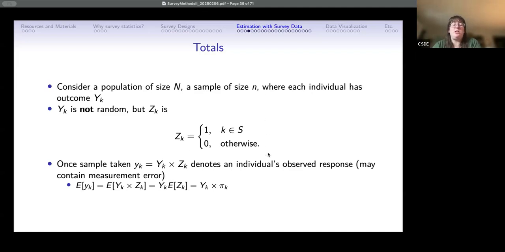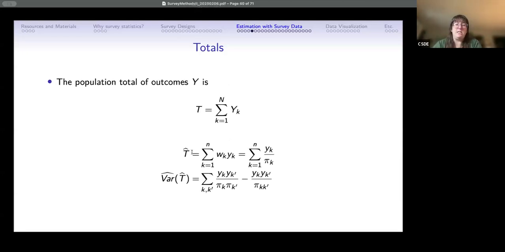And then the expectation of this Bernoulli random variable has got to be pi k, the probability that zk equals 1, right? So the expected value of this random variable that we're interested in, in the finite population, is the person's true value times their probability of getting into your sample. Right, that's what's random.